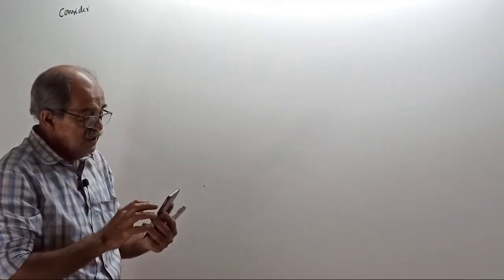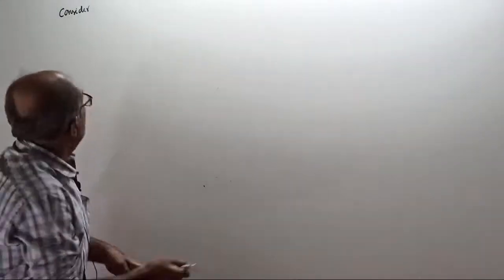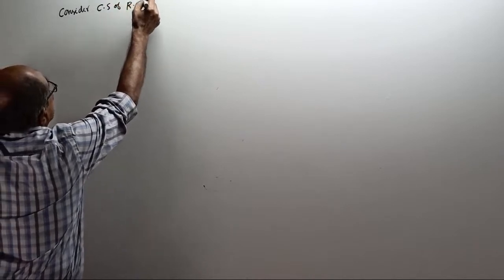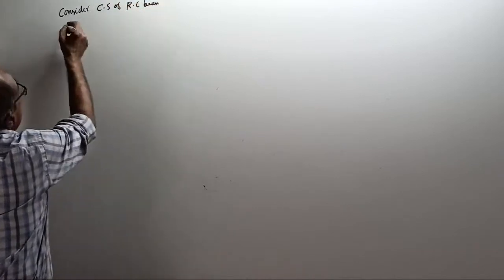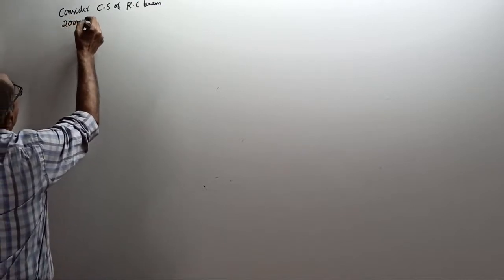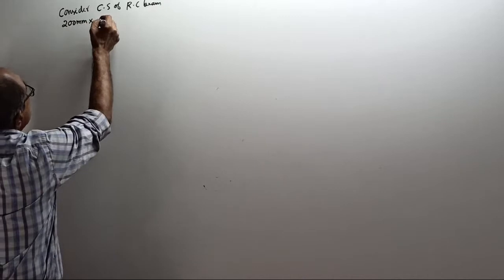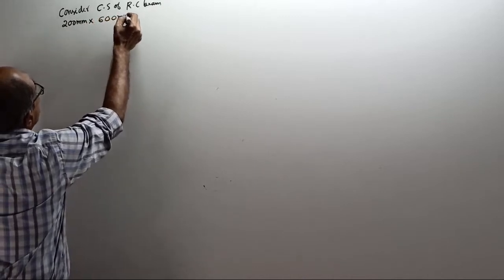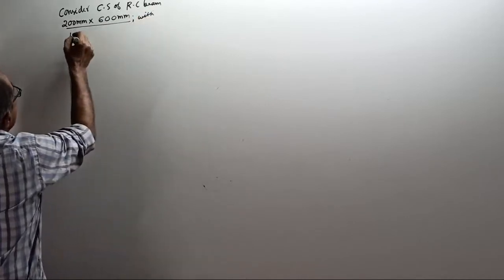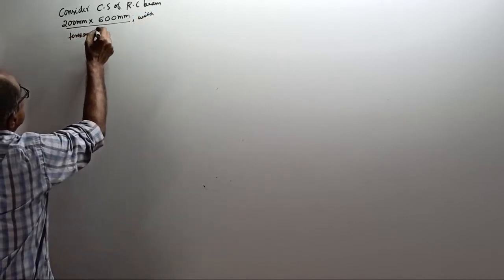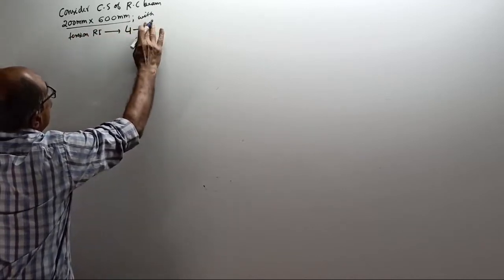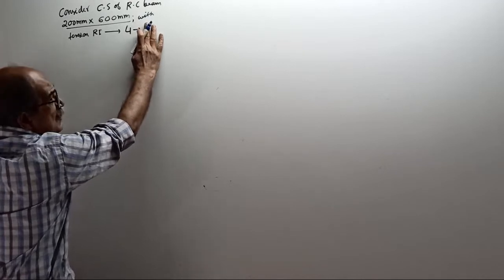It's visible. Consider the cross-section of an RC, reinforced concrete, beam, say 200 millimeter wide by, anything will do, say 600 millimeter deep. With tension reinforcement in the form of 4 bars of 16 mm diameter.